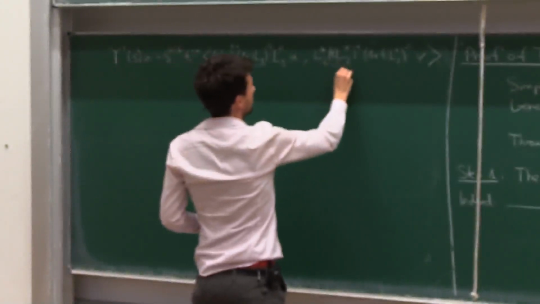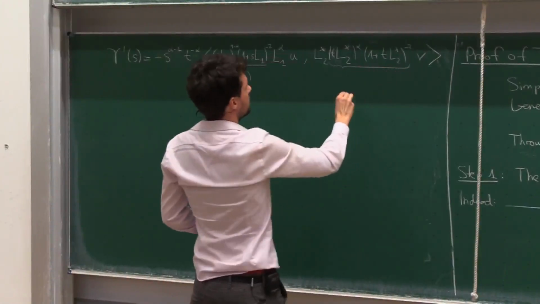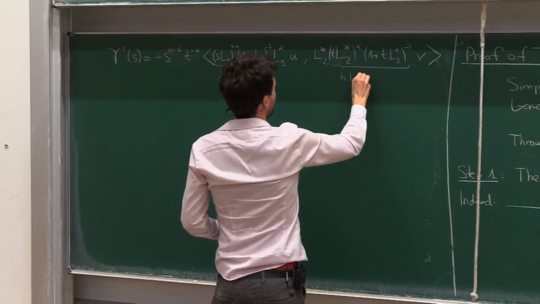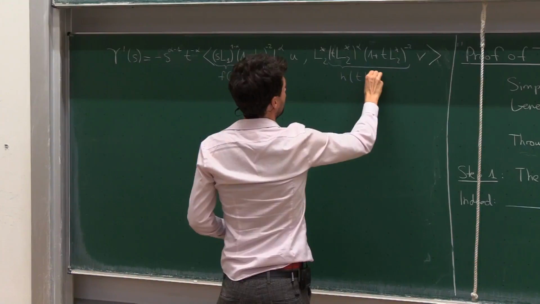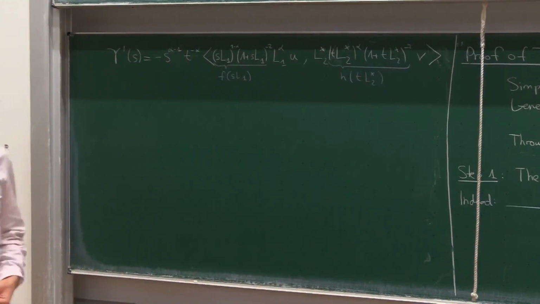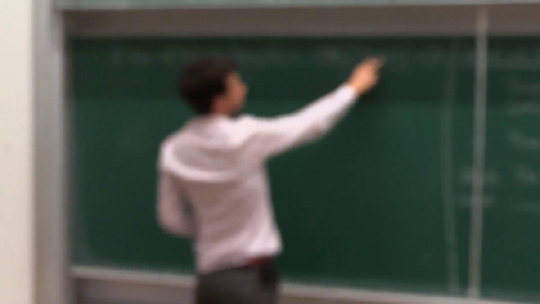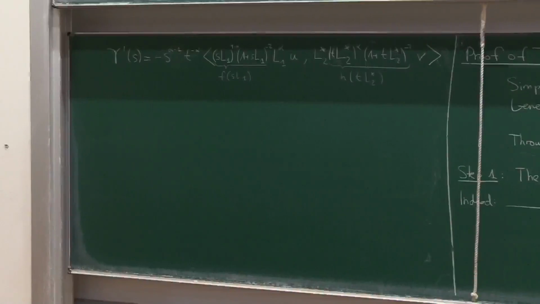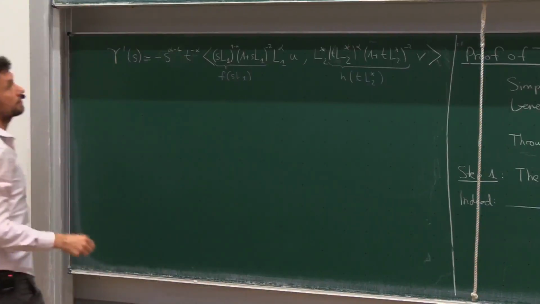And that thing over here, this is some new auxiliary function h of t L2 star. Okay, and h of z would be z to the alpha times 1 plus z to the minus 2. That's perfectly fine.